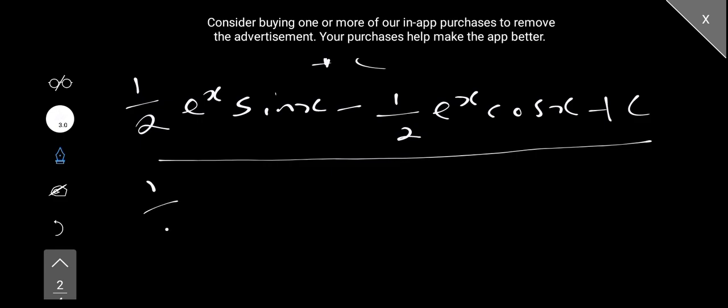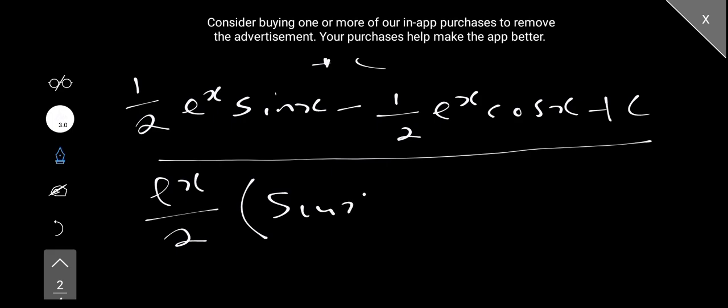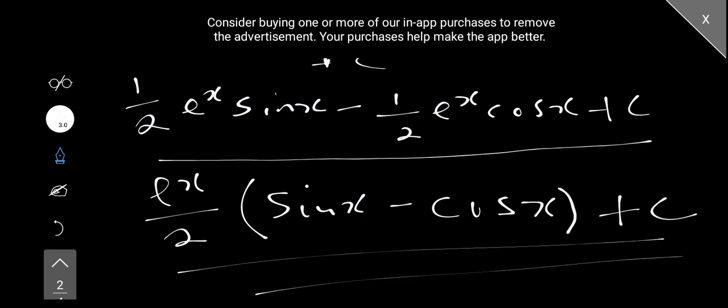You say half e power x, or e power x over 2, then you open brackets, there you remain with sine x, there you remain with cos x, close brackets, then plus c. When we do that, we are done.